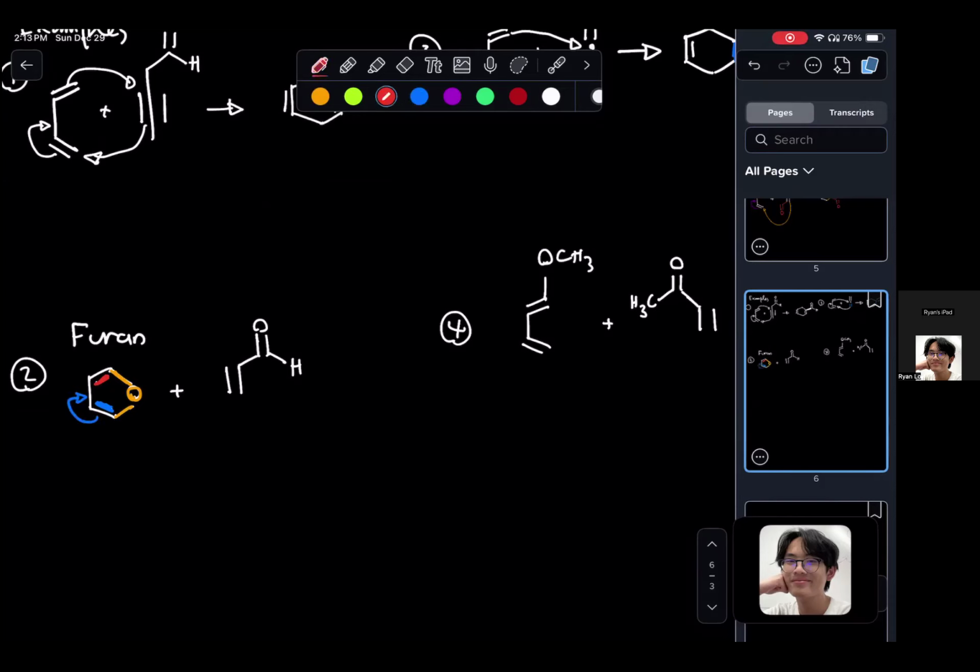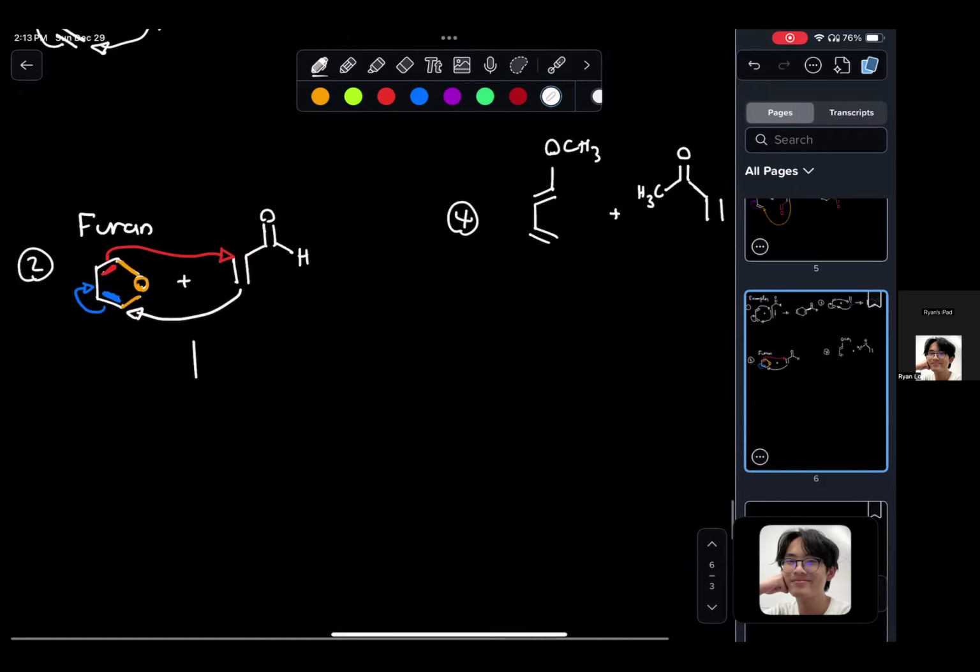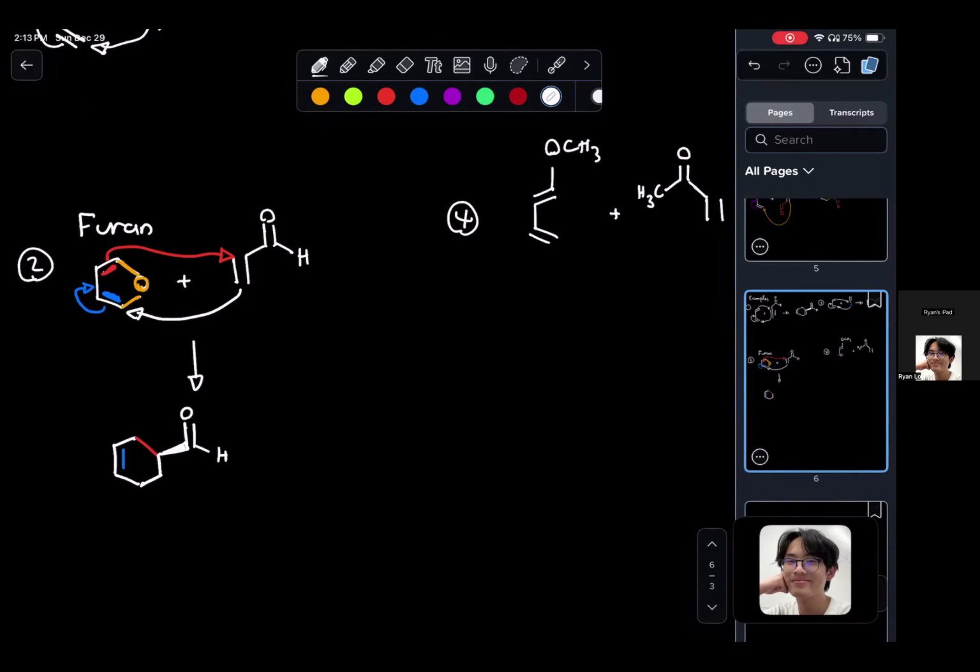Blue, red's going to come over here, and then this bad boy's going to attack in this direction. All right, that substituent over there is hanging that direction, so I get to do this.